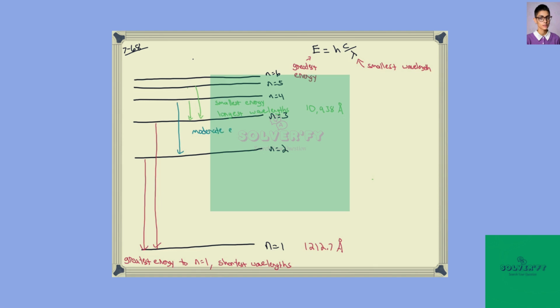And then the other three are the moderate ones, somewhere in between the two extremes, where the transition is occurring to n equals 2.